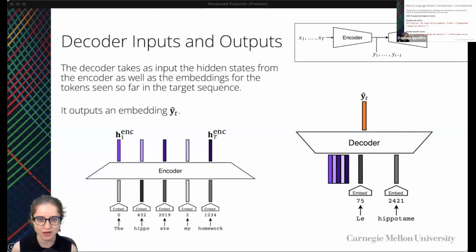At every step of training, we modify all of these weights within the encoder and decoder so that we make y hat sub t look a little bit closer to y sub t. Any questions about that?